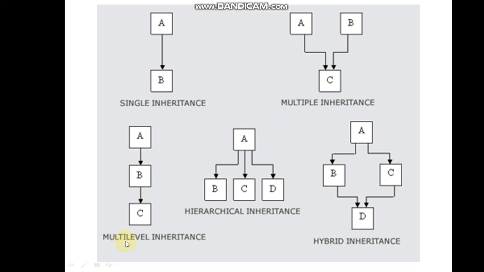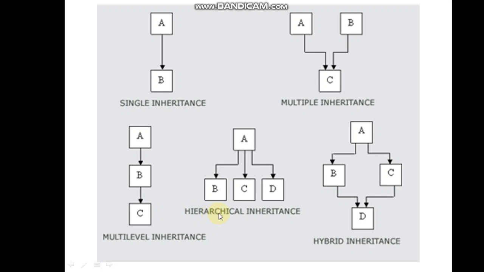Third type of inheritance is multi-level, where properties of the base class A will be derived into the derived class B. Properties of B will be derived into the derived class C. So C is the derived class which is derived from another derived class. Such kind of inheritance is called multi-level inheritance.